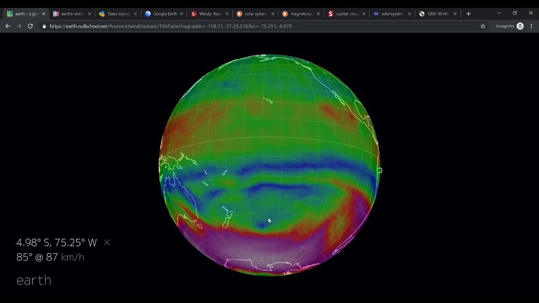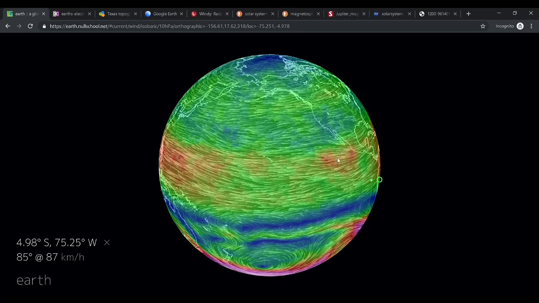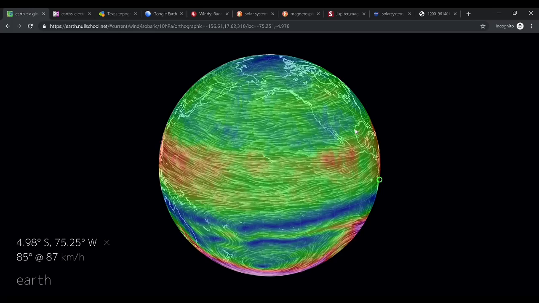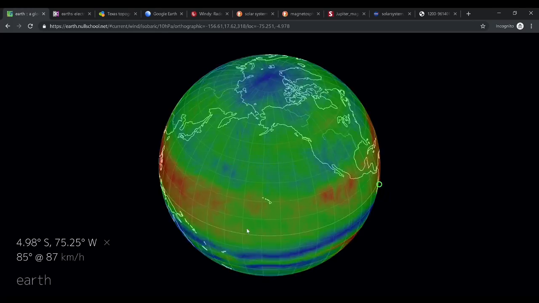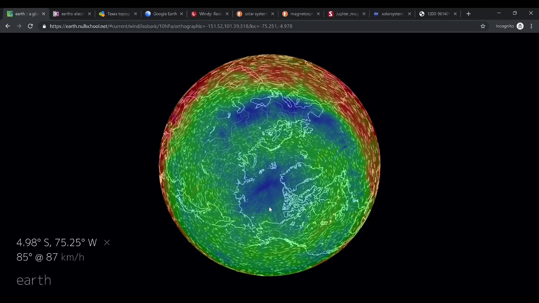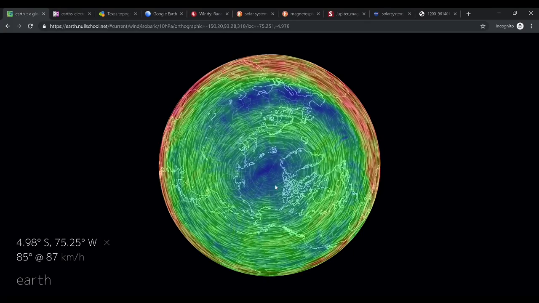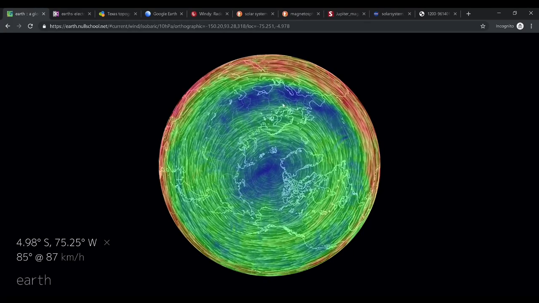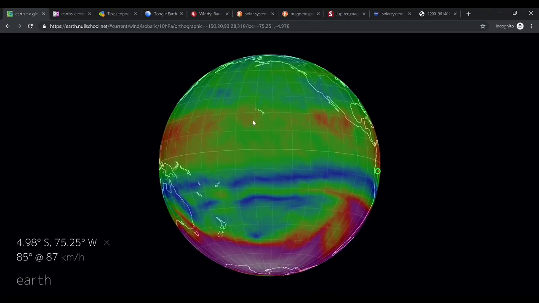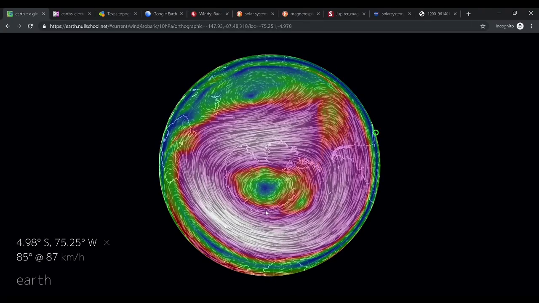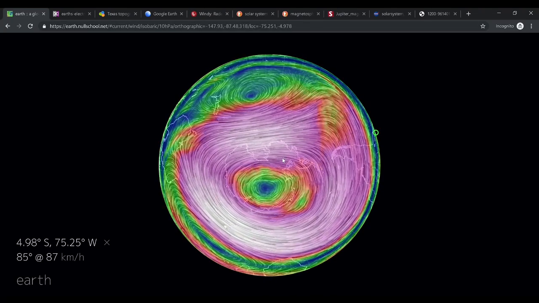But if you'll notice, the upper portion of the hemisphere is moving also in a clockwise formation. But it's the other side of the planet, right? Moving in a clockwise fashion, we flip it over, it's moving in a clockwise fashion.